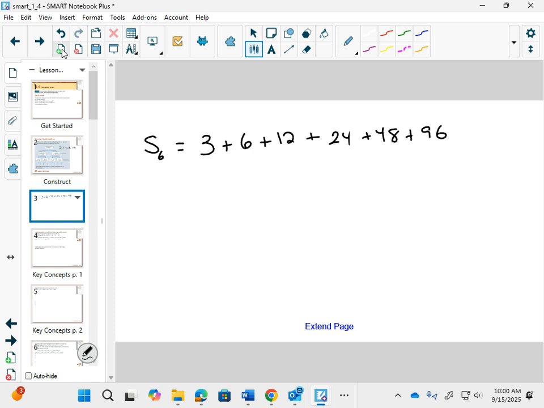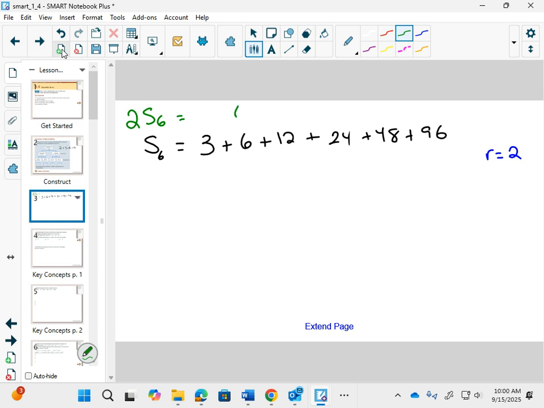Can you see that your R value in this one is 2? So if I took my original sum and multiplied it by 2, I'm going to do that above in green. If I multiplied everything in here by 2, what would happen to 3?